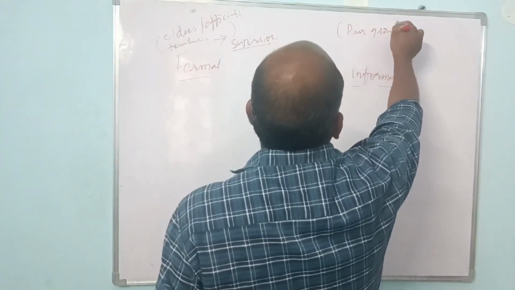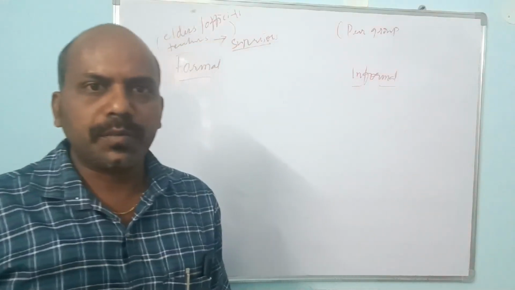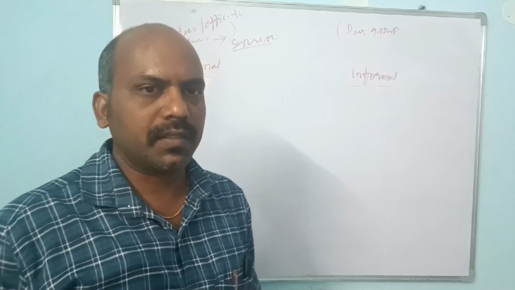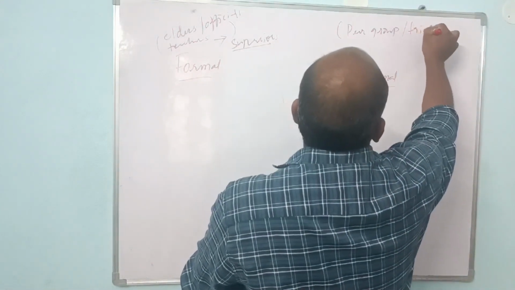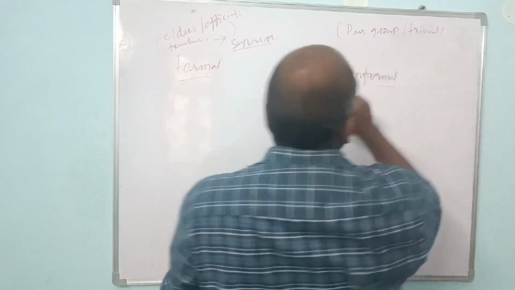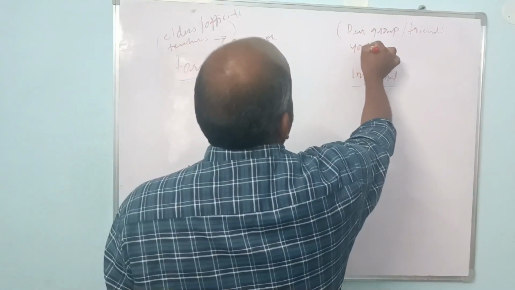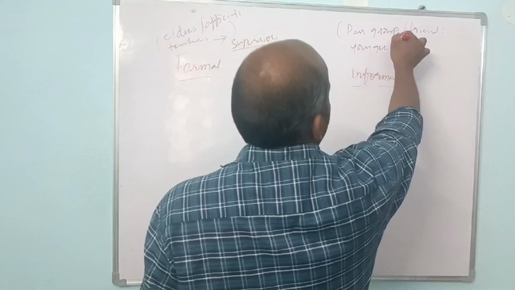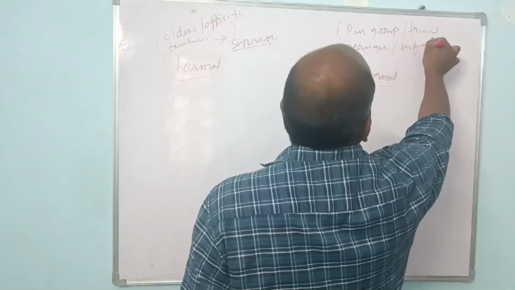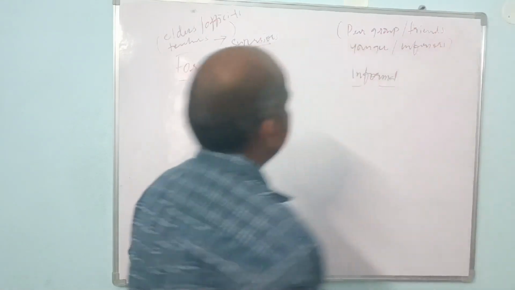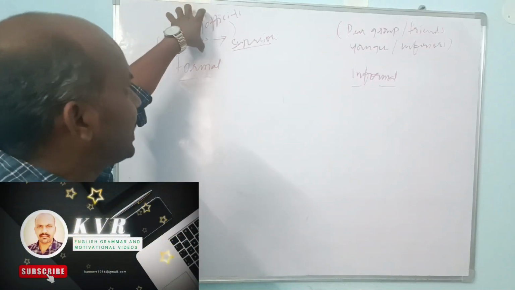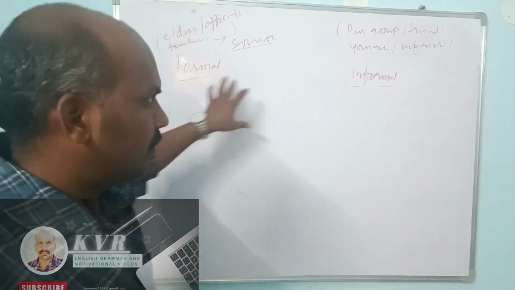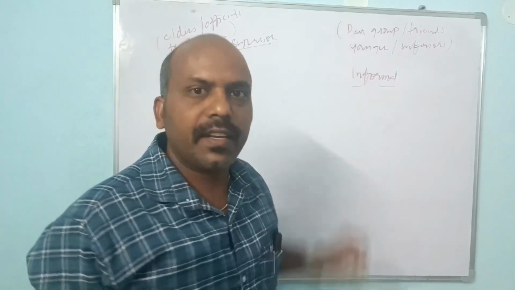Peer group here means the same age group, people equal in age to us. Peer group means friends, people younger than us, or inferiors. So with these people we have to use formal, and with these people we have to use informal.